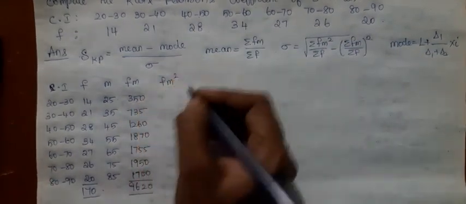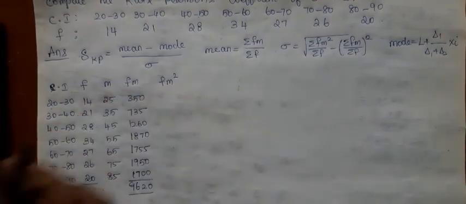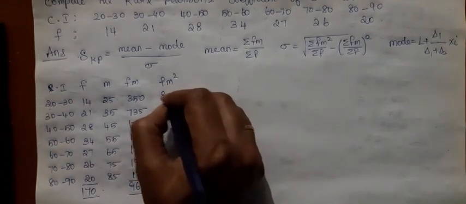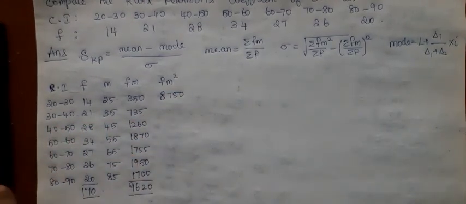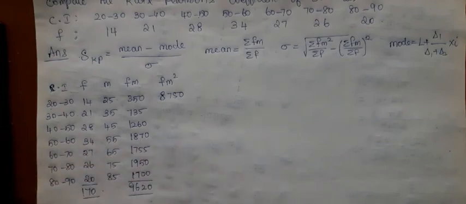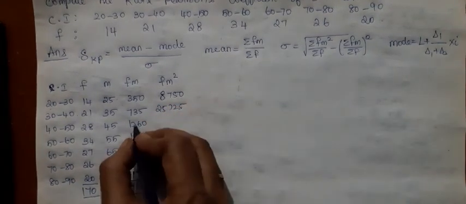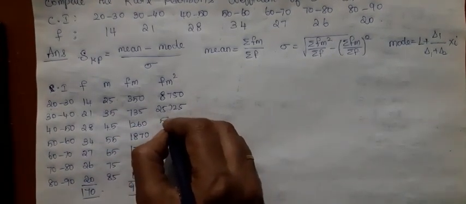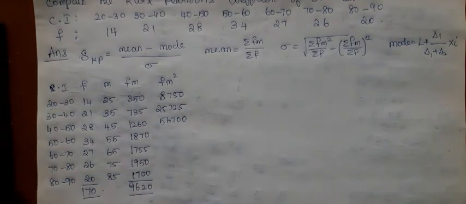To compute sigma, let us have a column Fm square, that is Fm into m. You should multiply the corresponding values of Fm and m. Multiply these two, 55 and 1870.